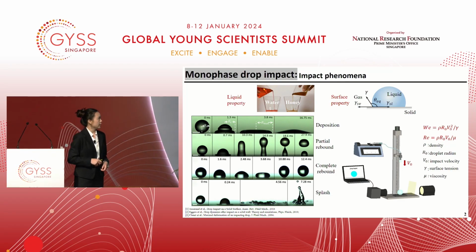The Weber number is the ratio of inertial force to the surface tension force, and the Reynolds number is the ratio of inertial force to the viscous force. This figure shows the experimental setup that includes the high-speed camera and a lifting table, etc. By adjusting the lifting table, we can control the impact conditions.